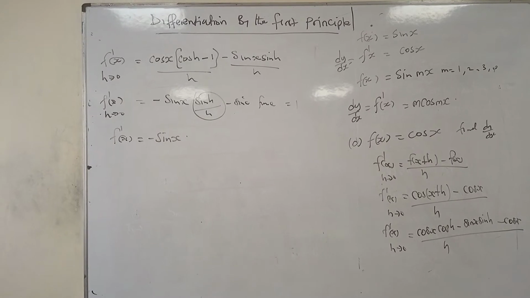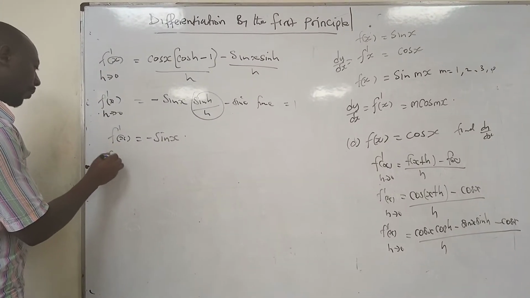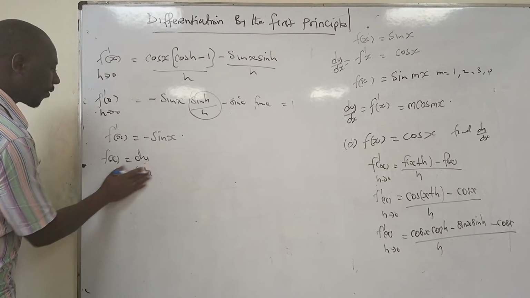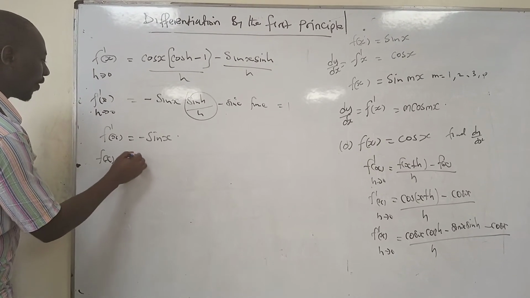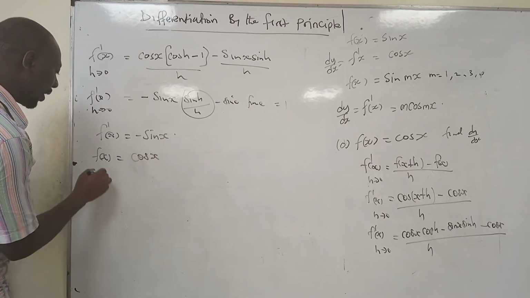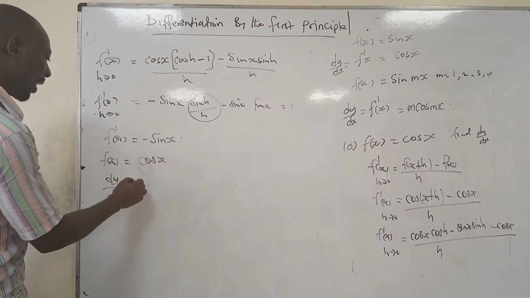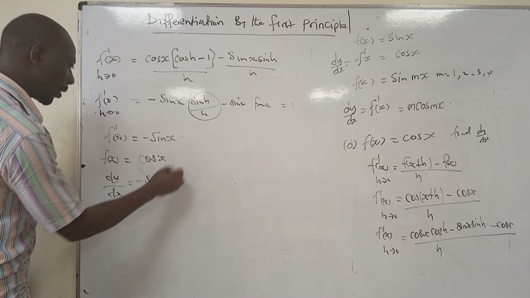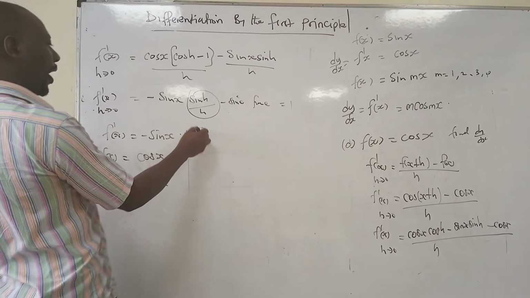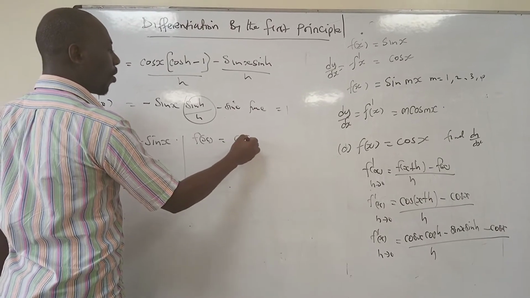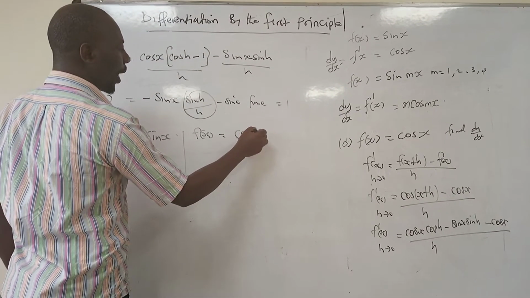So we've also proved that given f of x is given as cosine of x, then dy over dx is given as negative sine of x. But what about the case when f of x is given as cosine of a variable nx?